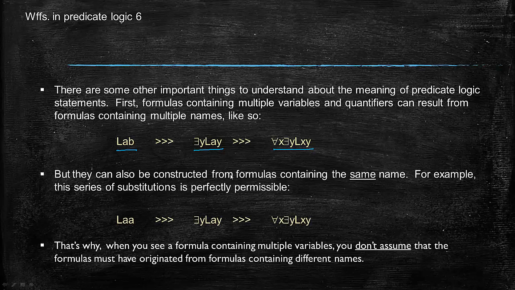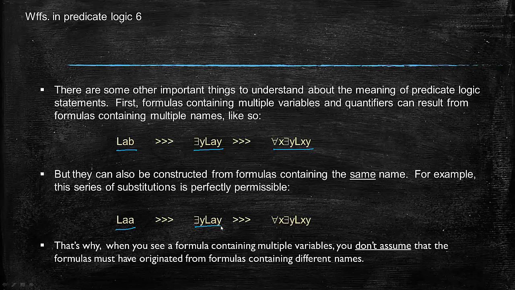But they can also be constructed from formulas containing the same name. So for example, this series of substitutions is perfectly okay as well. Say take Laa, right? You can just substitute, if you would like, a variable and a quantifier for just one of the a's initially.